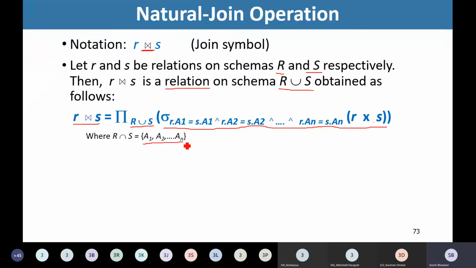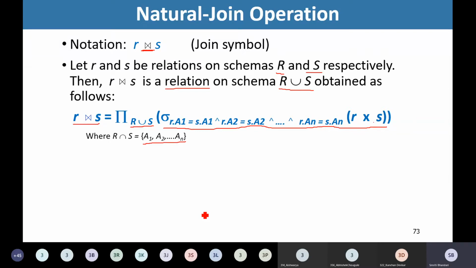What are those A1, A2 up to AN? These are the attributes that are common to both the schemas R and S. So whichever are the common attributes in R and S, we match the values of those attributes. This is how we define our natural join operation.